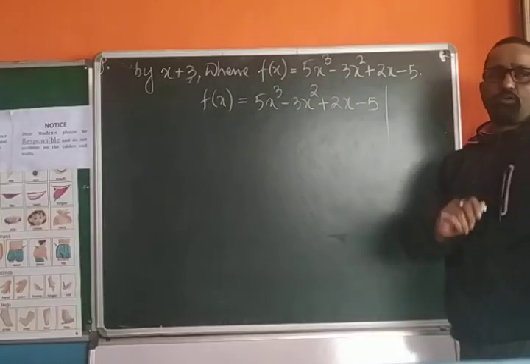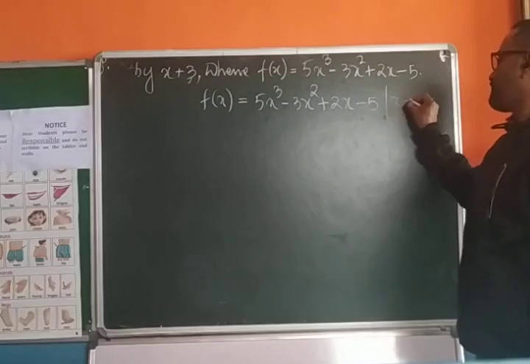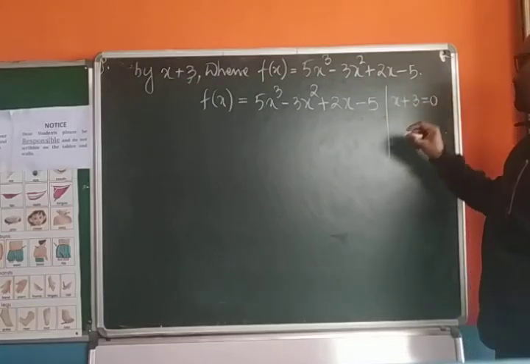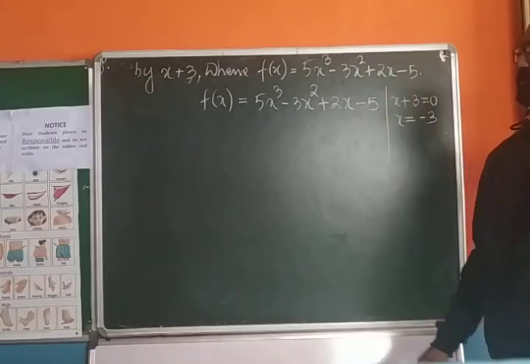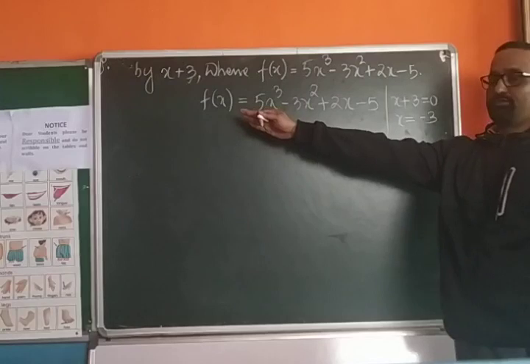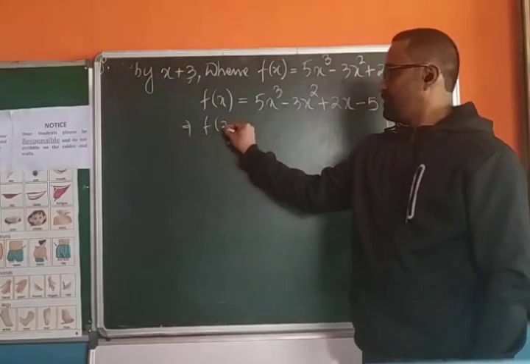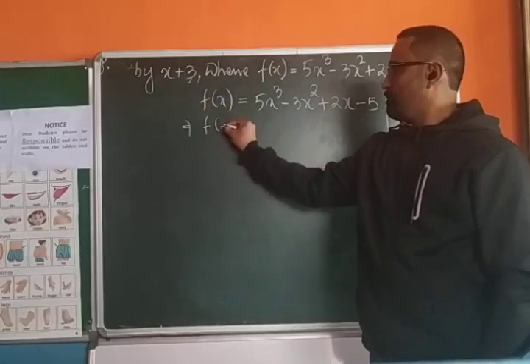The smaller one, the short equation, write it at the side. x plus 3 equal to 0. x equals to minus 3. This value of x, substitute minus 3.